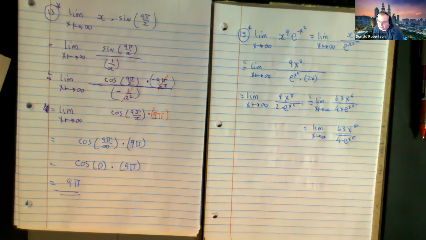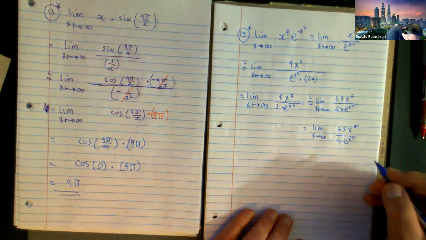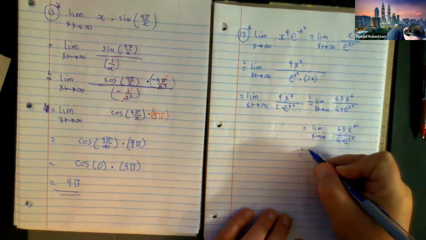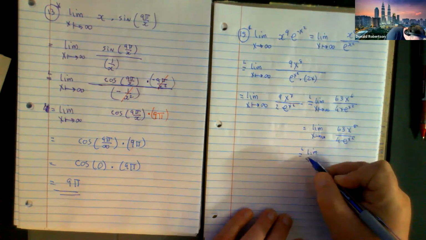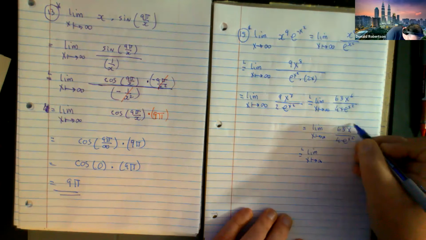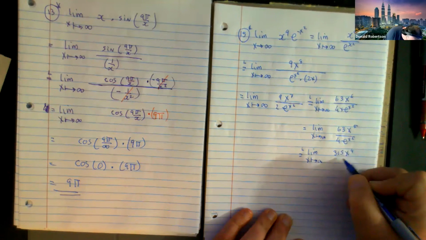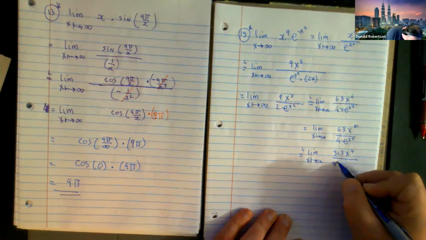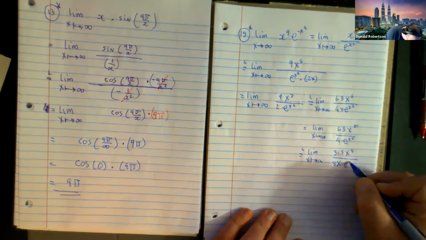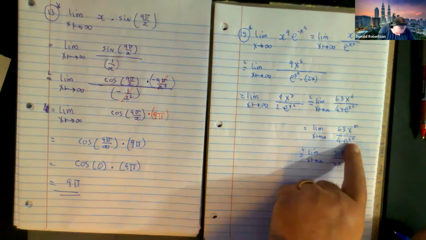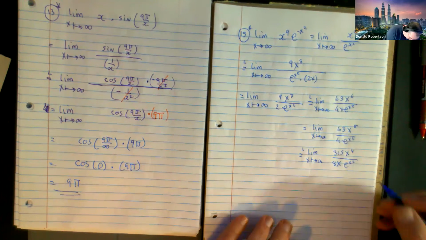You can cancel an x, and then I can do L'Hopital again. And that gets me 315x to the 4 over 8x e to the x squared, because basically I have an extra 2x. Then you cancel them down.